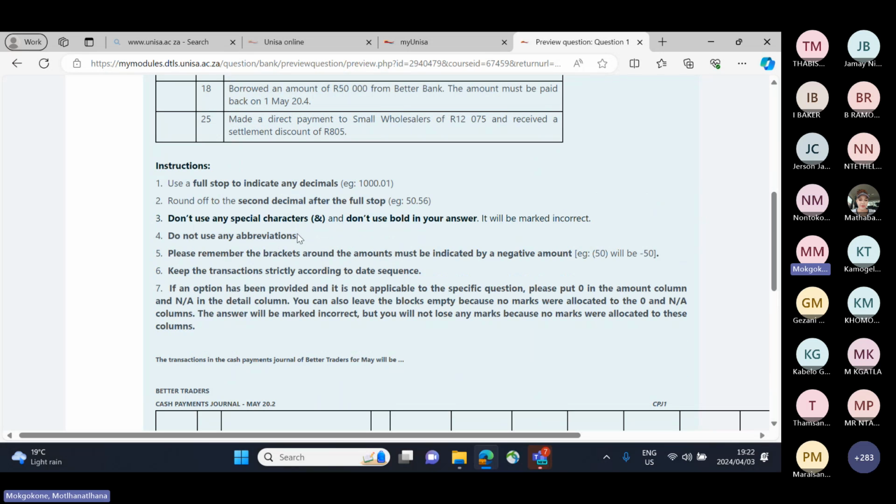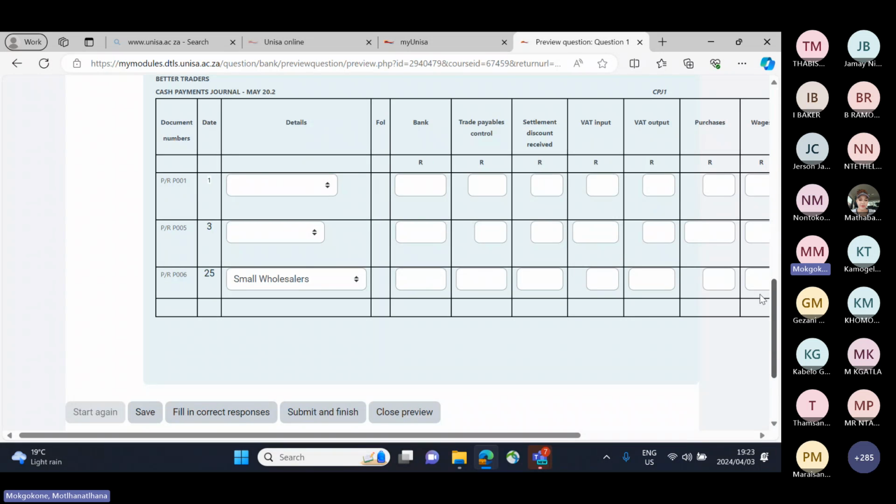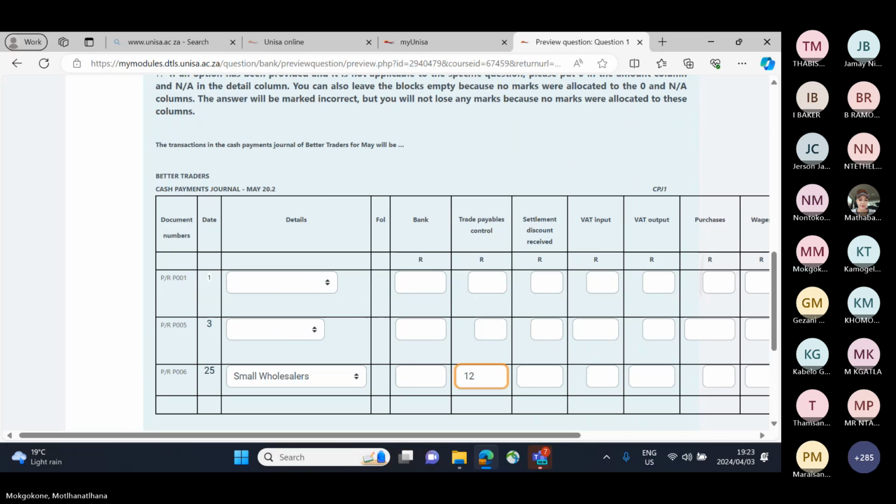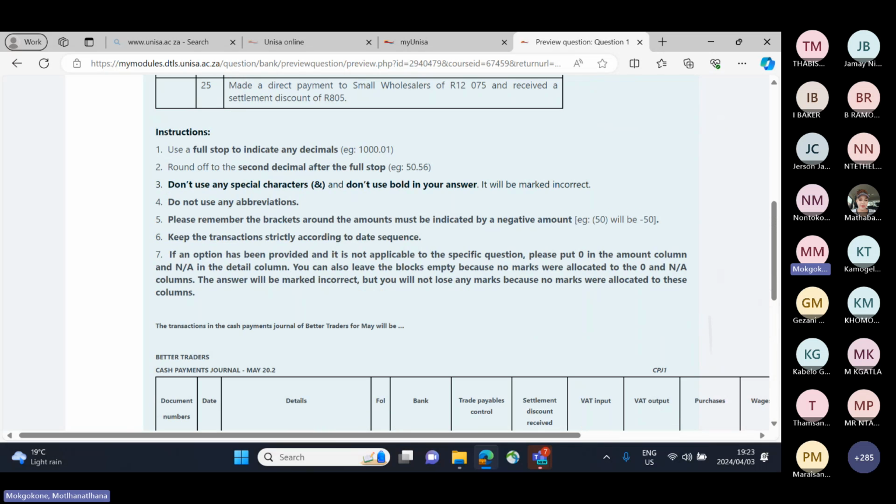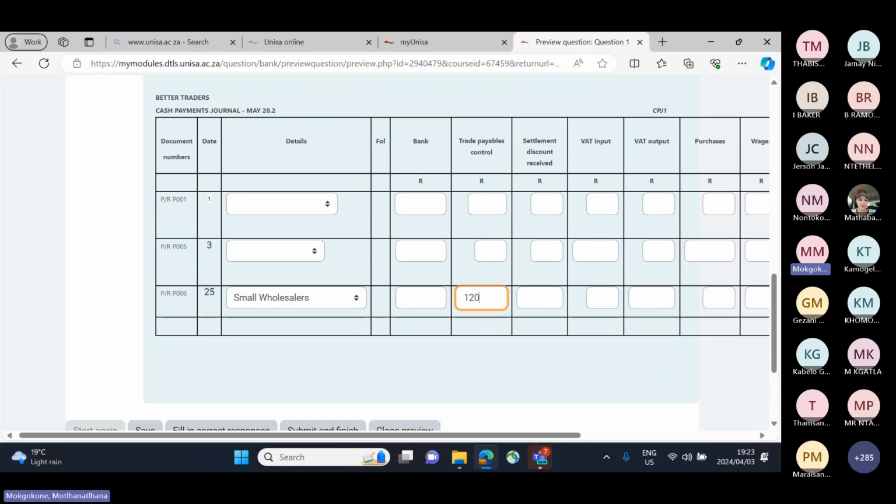We record the amount here, 12,075, the total amount we owe to our creditor.